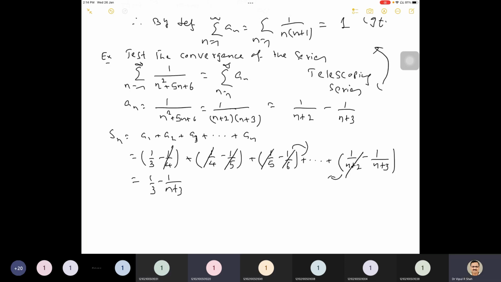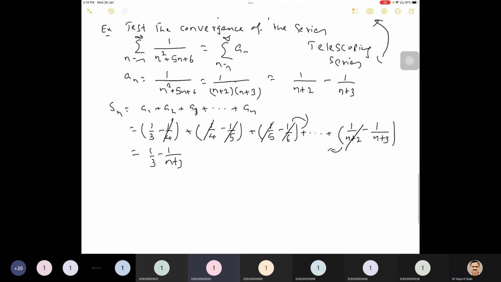That means you can easily find the limit as n tends to infinity of Sn. That is the limit of 1 by 3 minus 1 over n plus 3, and so this is 1 by 3 minus 0, because when n tends to infinity, 1 upon n plus 3 also tends to 0.